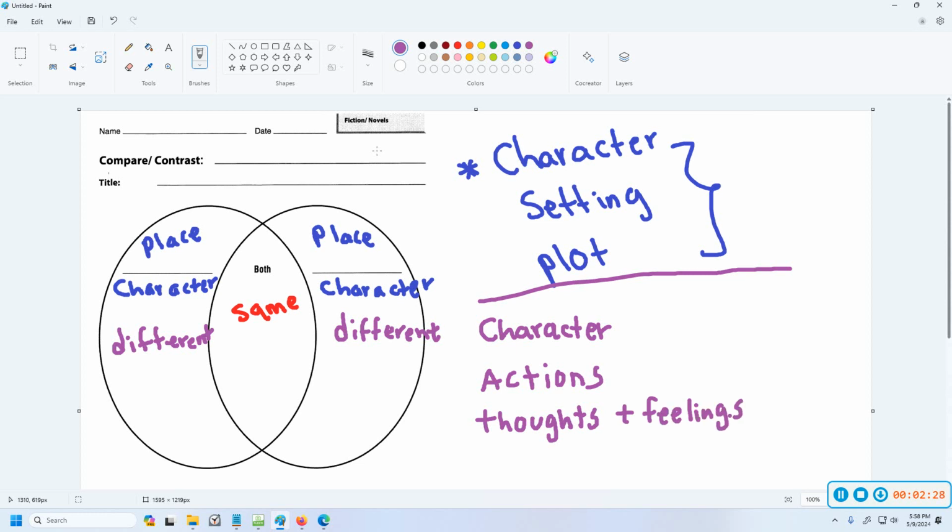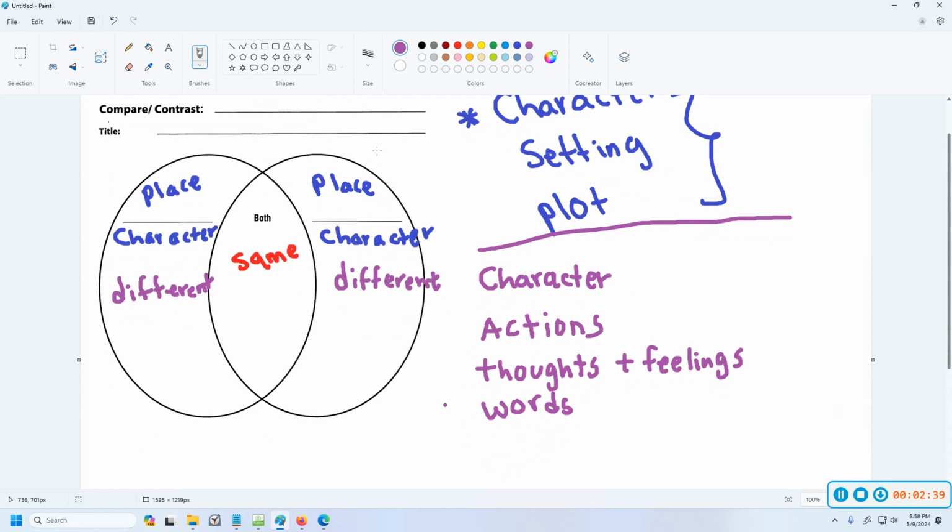And we look at their words, okay? And how do they change, right? How do they change in the story?